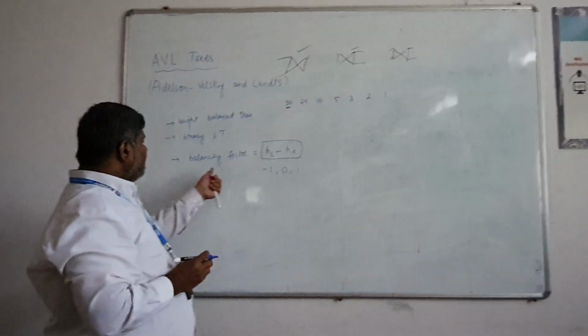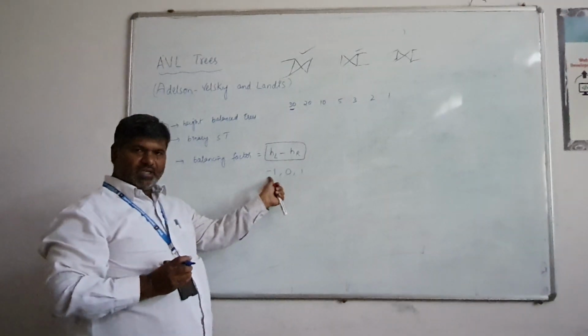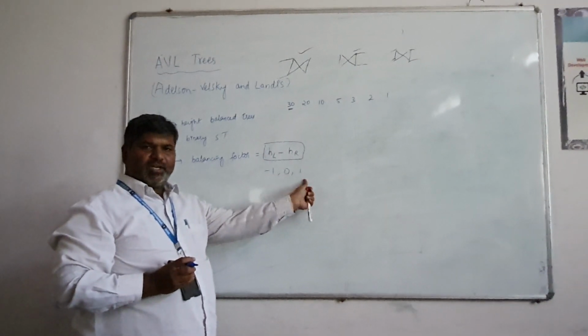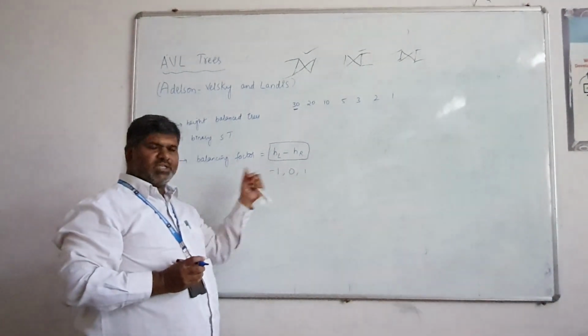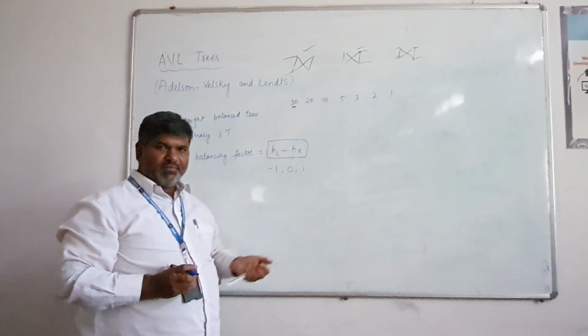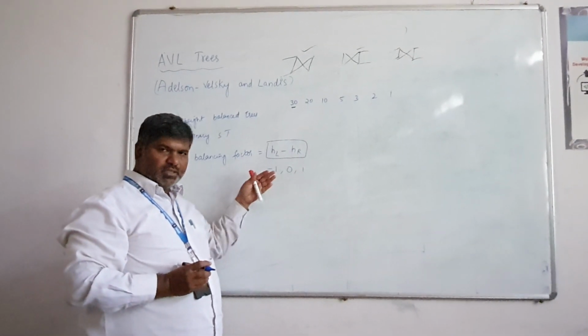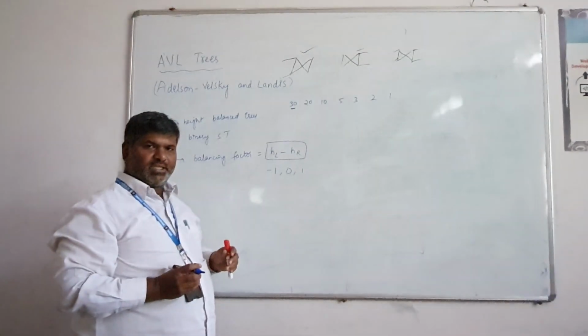So in an AVL tree, the balancing factor for each node should be -1, 0 or 1. If it exceeds these values, that is -2, -3 or +2, +3, then with the help of AVL tree rotations we will reconstruct the tree and the height will be managed.